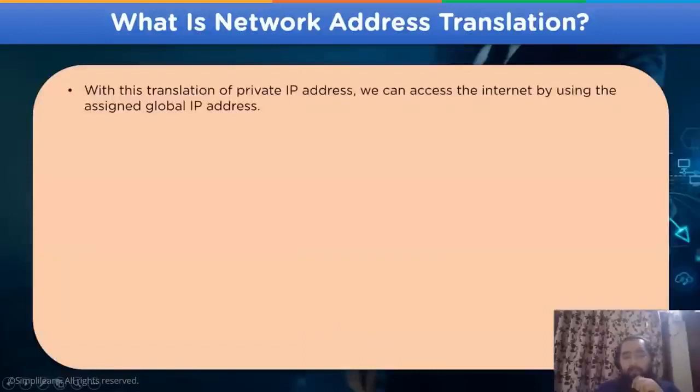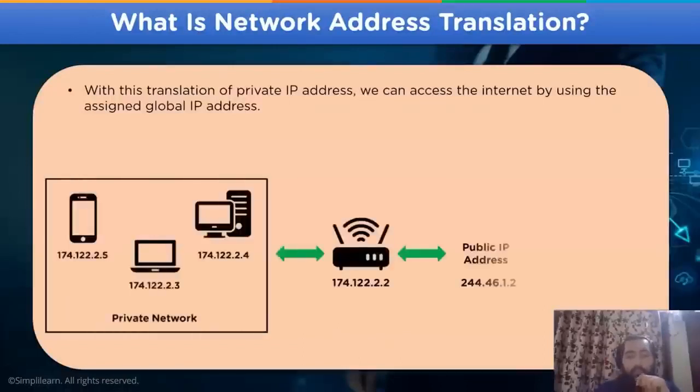The flow of this process is something like this: the configured router acts as an interface between the private network and the public network. That means the private network will communicate with the router when it wants to access the internet. Same is the case for public addresses too.